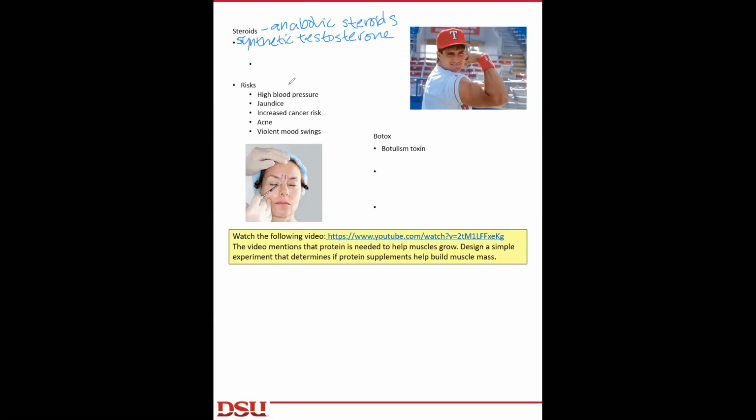And what it does is promotes the production of proteins. Proteins build muscles. In addition to that, it also creates an increase in motor units and glycogen availability, glycogen in the muscles.